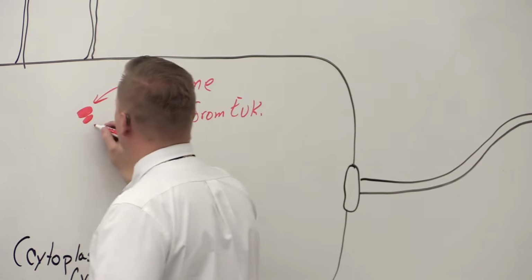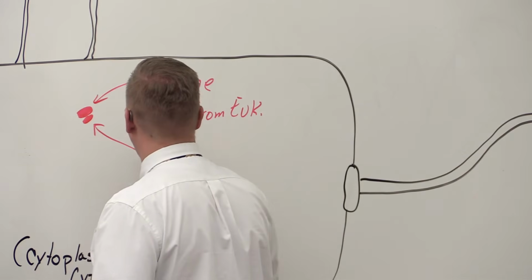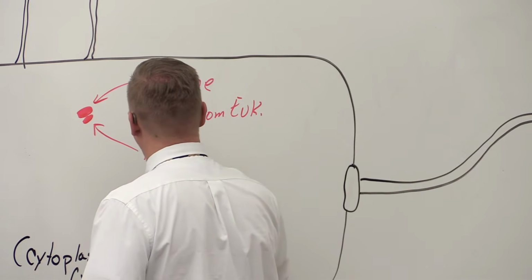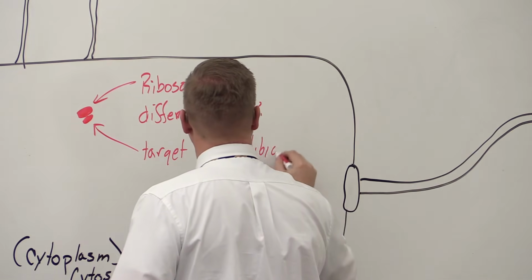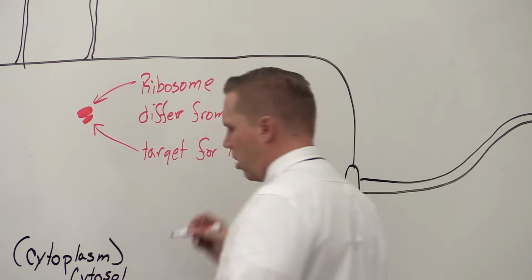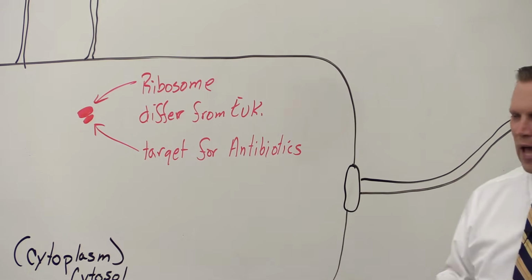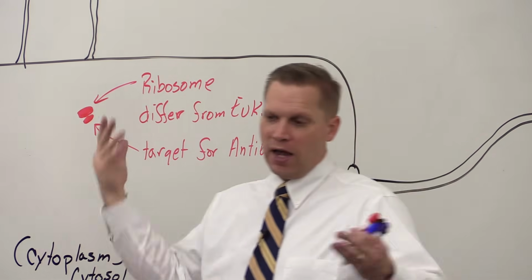In fact, the bacterial ribosome is in many cases a target for antibiotics, where antibiotics are chemicals that kill bacteria, so they're anti-bacteria.